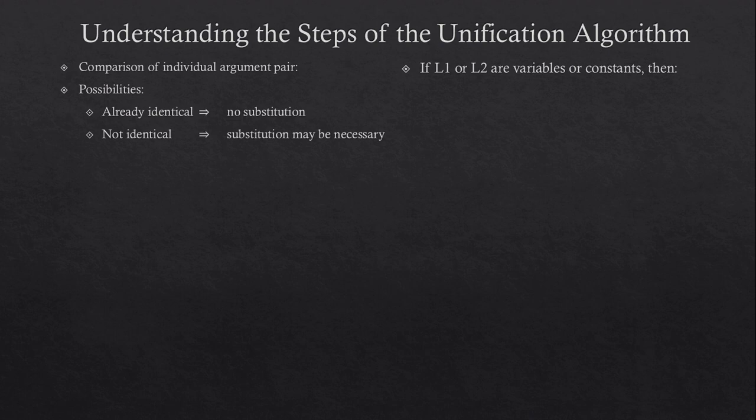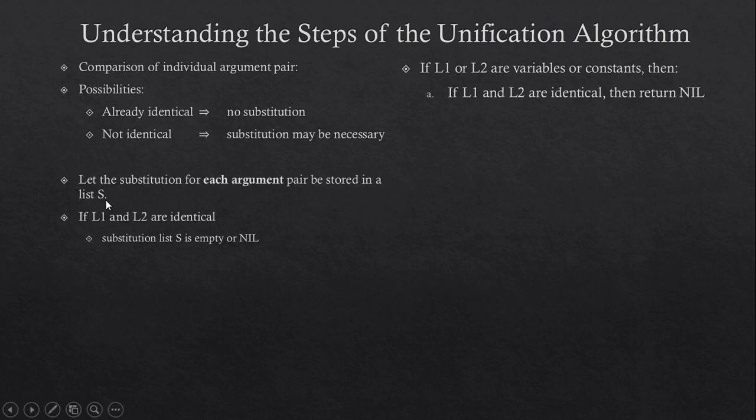So assume that the two arguments that are being compared are L1 and L2. I can use L1 and L2, right? So now let the substitution for each argument pair, not the final substitution list, be stored in a list S. If L1 and L2 are identical, then the substitution list S is going to be empty or nil.